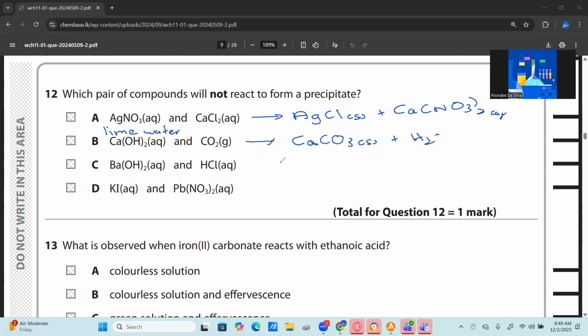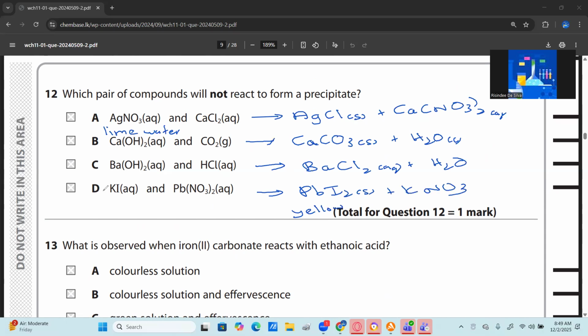It's a white precipitate. If you take barium hydroxide and HCl, you get barium chloride and H2O. Barium chloride is an aqueous solution. If you take these two, you get PbI2, a yellow solid. It's given in your student book under precipitation reaction. And potassium nitrate. So C doesn't give a precipitate. Barium nitrate, barium chloride, they are aqueous solutions. All the others have precipitates.